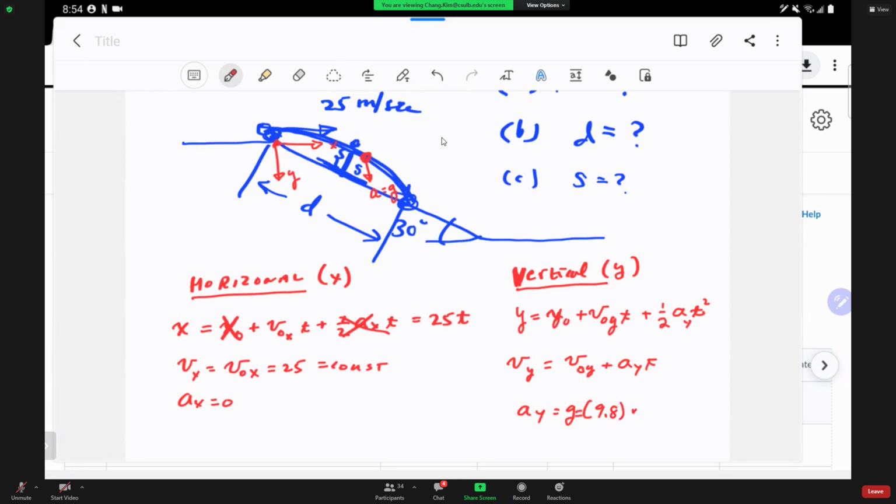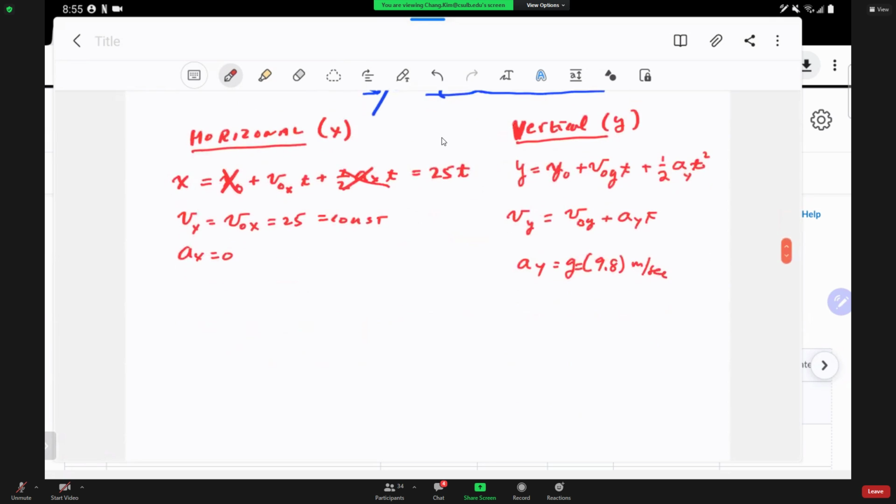9.8 meters per second squared. Now I noticed that I didn't put the minus because I chose y in the direction of the gravity. So therefore, this is gone, and the initial velocity in the vertical direction is not given, 0.